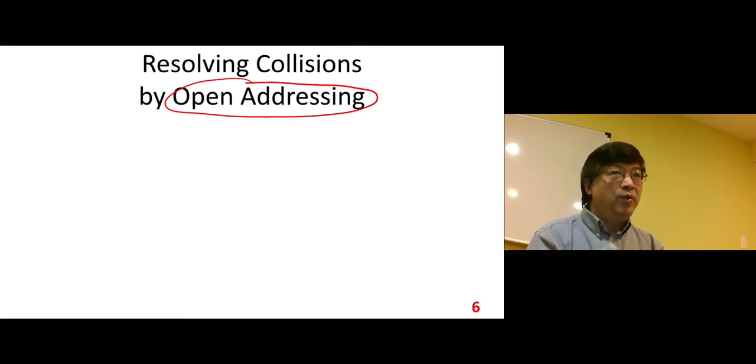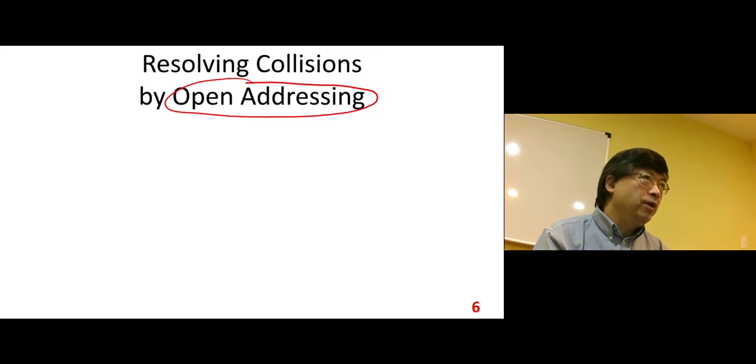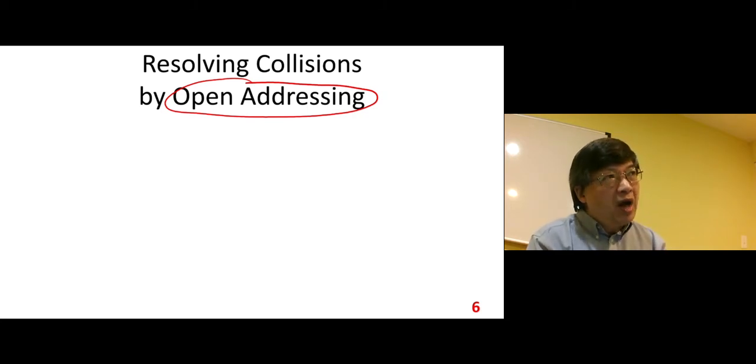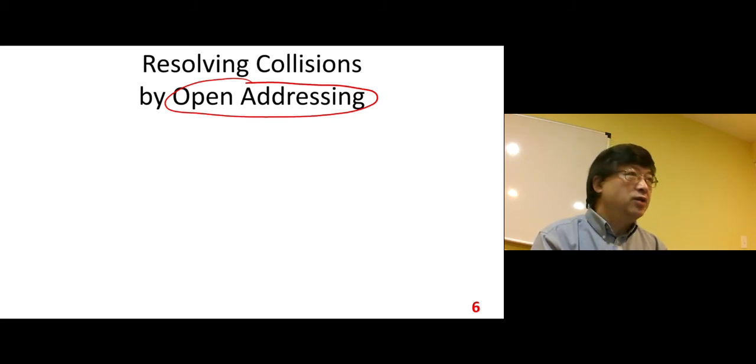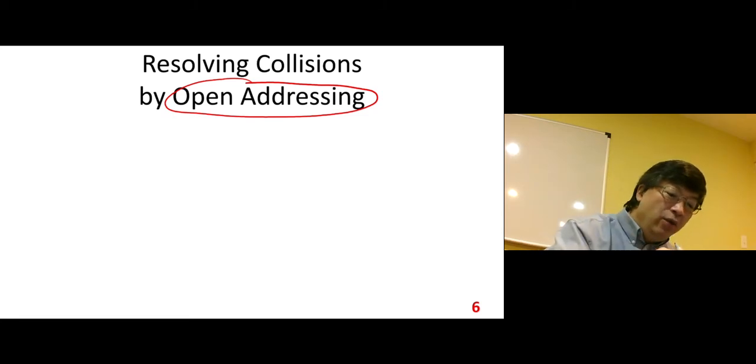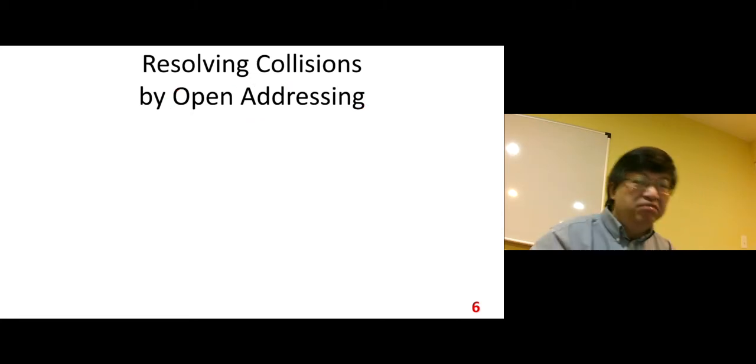Because in the chaining way, we need to use a linked list. We know usually the linked list data structure is not that convenient to use. The overhead of a linked list is relatively big. So most of the time, people like to avoid using the linked list data structure. That's why for our next method, we use open addressing.